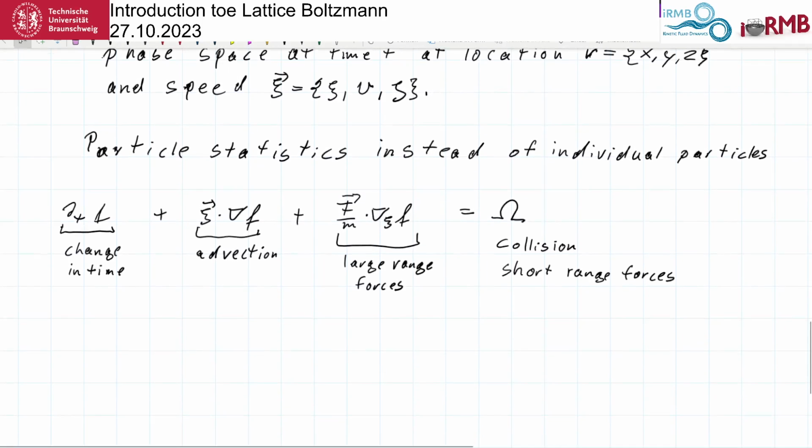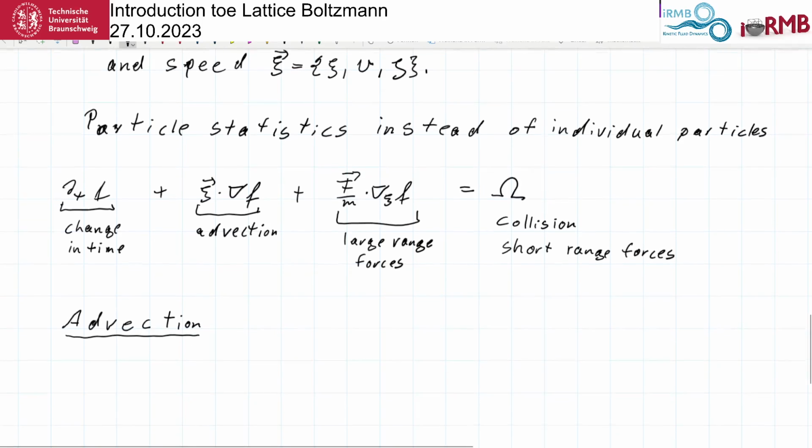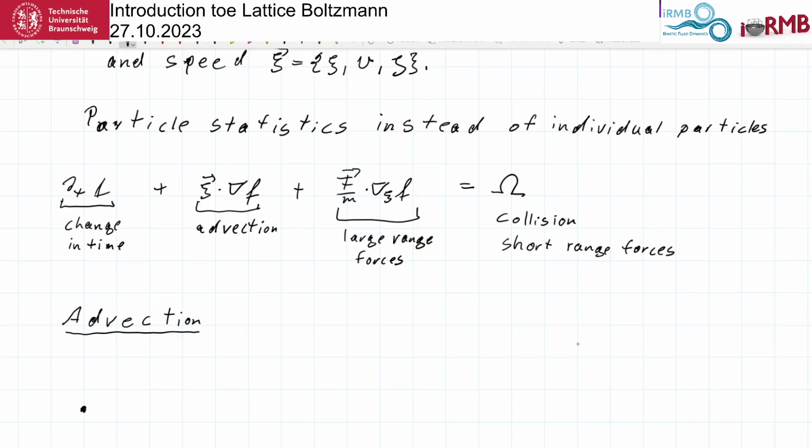Now the advection. I gave you some time to think about what is the difference between advection in the kinetic and in the continuous, so in the Boltzmann equation and in the Navier-Stokes equation. So here we regard a particle that starts at a time t at a location r. I'm sorry for my bad handwriting.